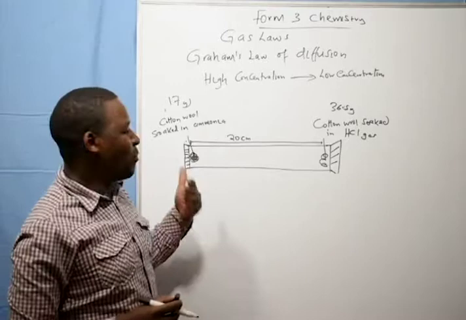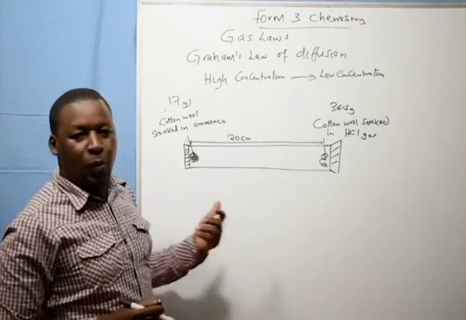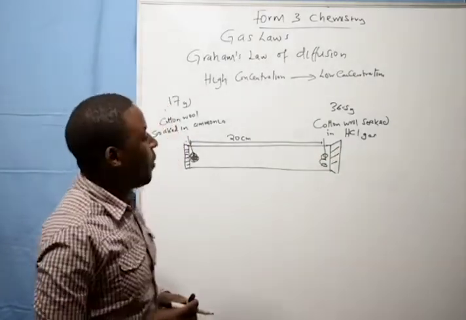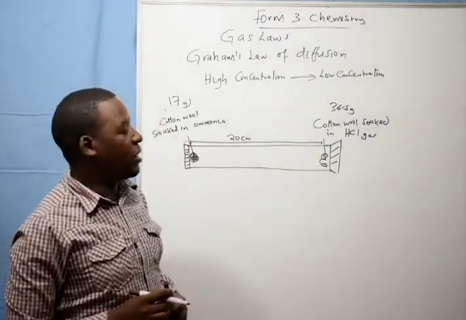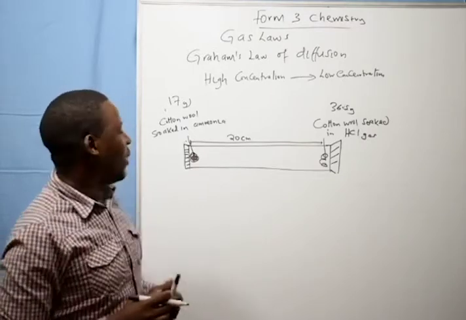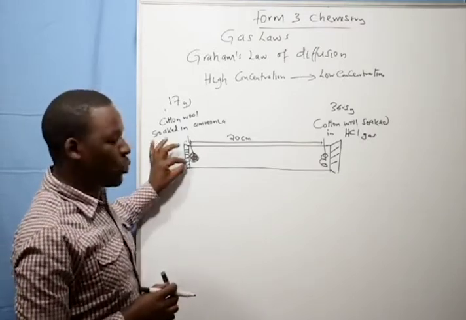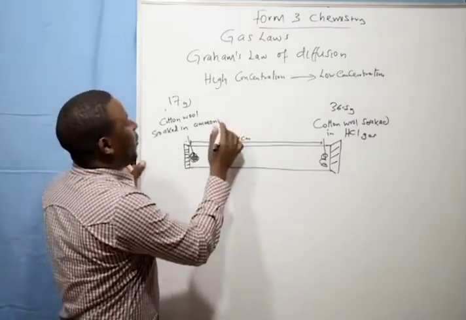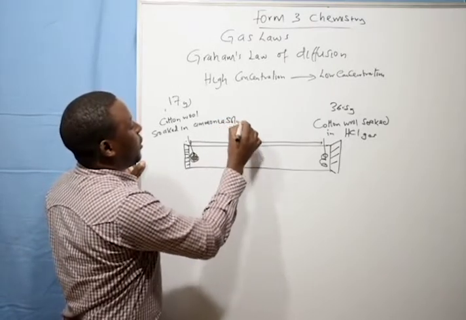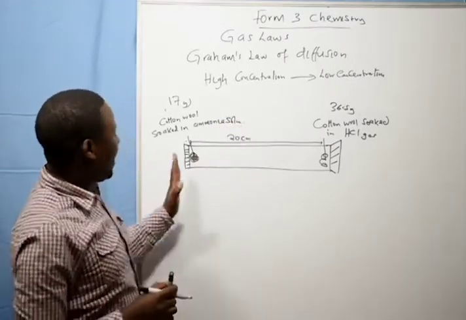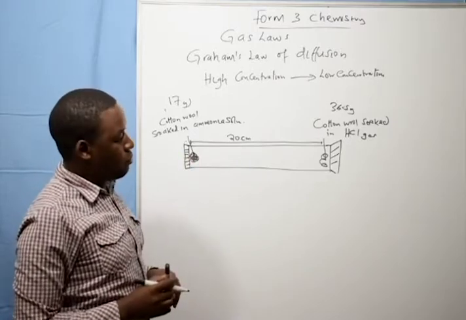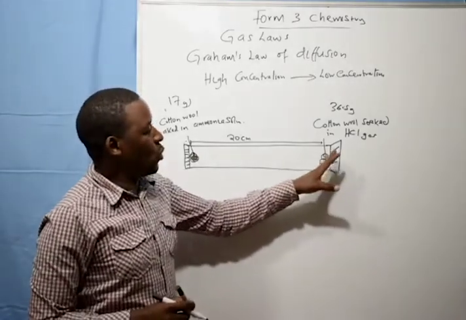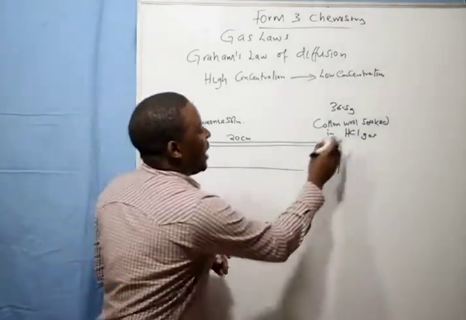Now, ammonia gas is emitted by concentrated ammonia solution, and hydrogen chloride gas is emitted by concentrated hydrochloric acid. In this experiment, we dip a cotton wool inside ammonia solution and place it on one end of the glass tube. Then on the other end of the glass tube, we place cotton wool that is soaked in concentrated hydrochloric acid.